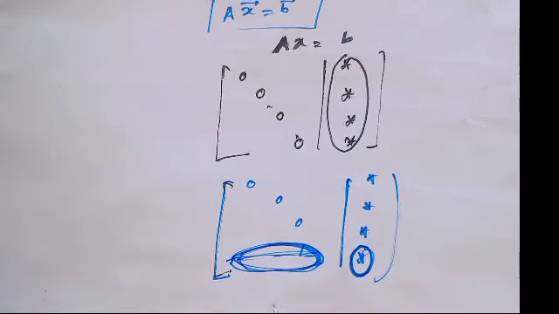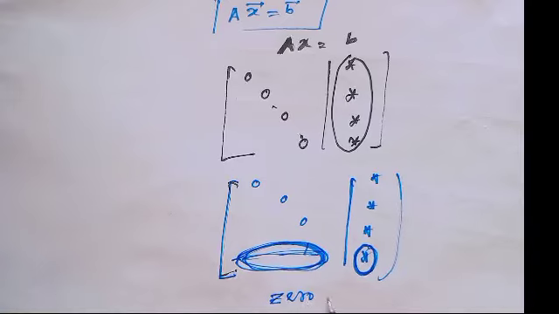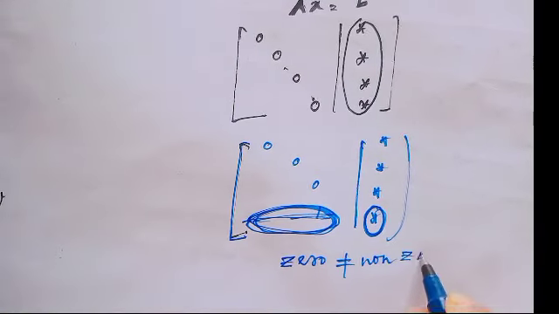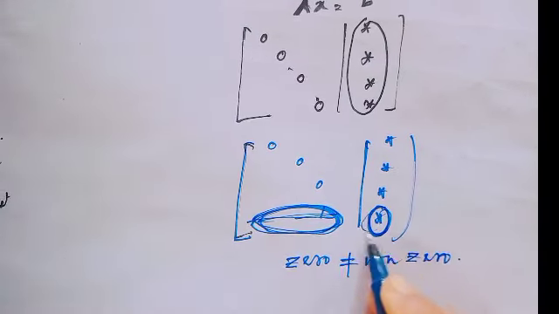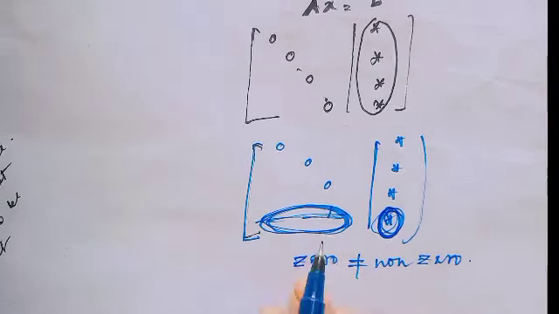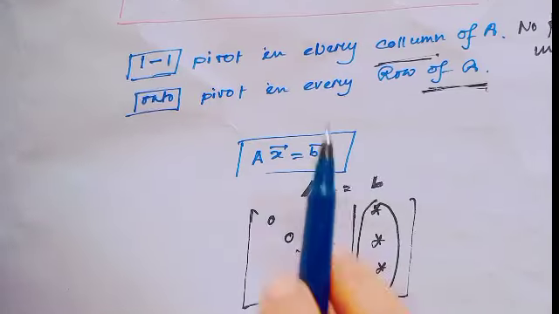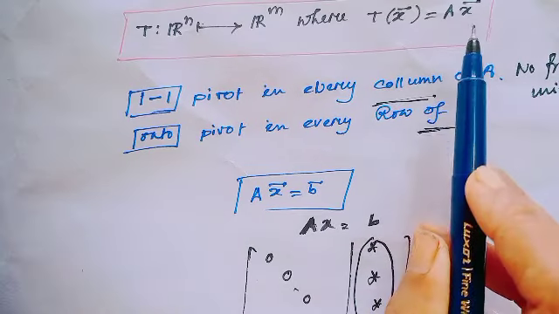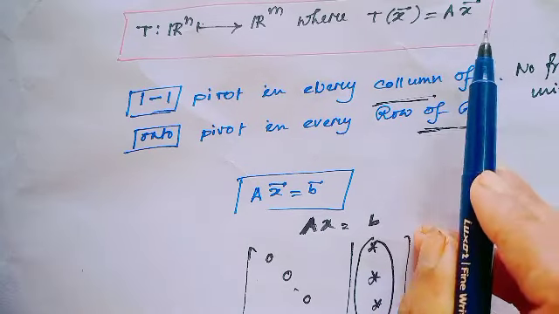So 0 equal to non-zero is not possible. So for this non-zero value there exists no solution. So when there is a pivot in each row of the matrix, then the map Ax would be onto.